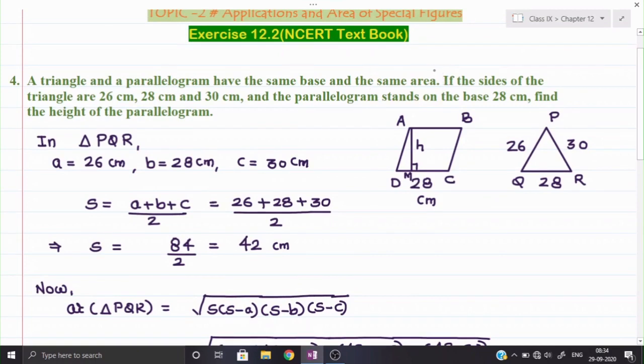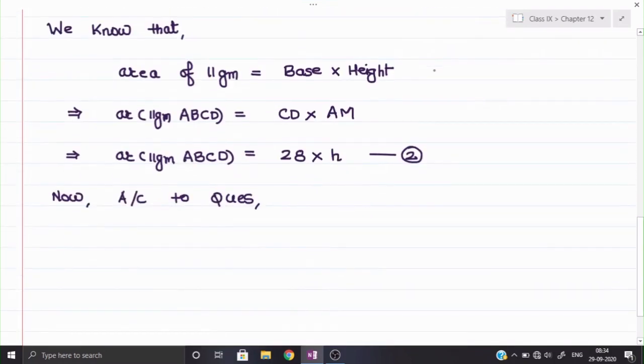So here we can say that according to the question, the area of triangle PQR is equal to the area of parallelogram ABCD. Sorry, I mistakenly wrote ABC.